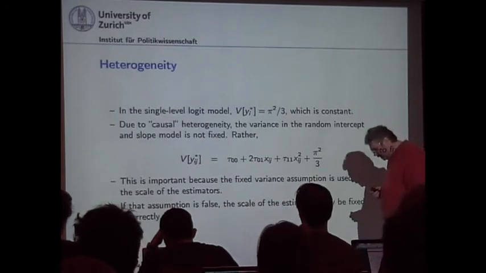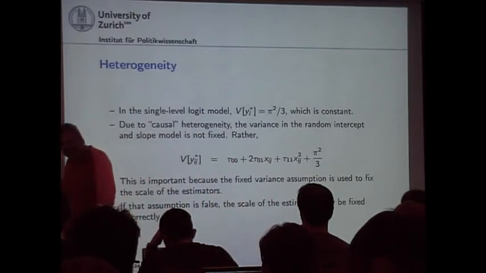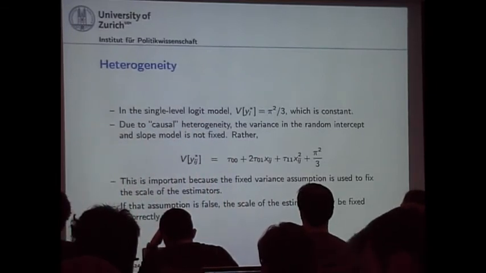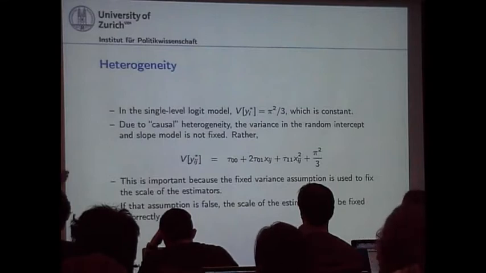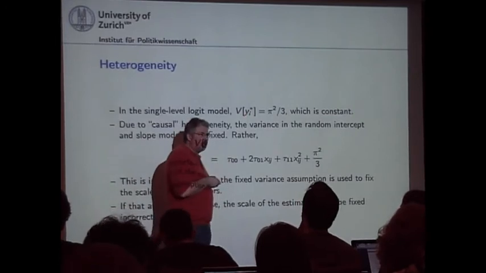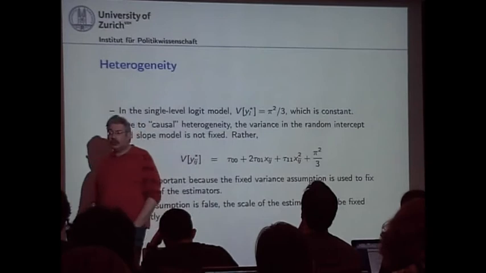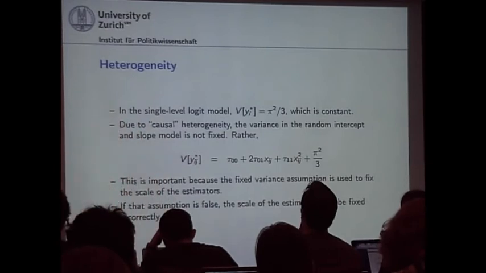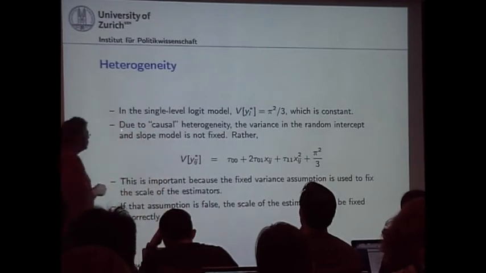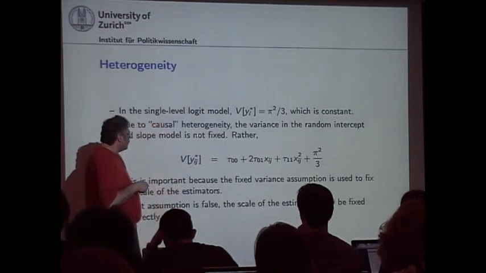Important here is the fact that when we have this random slope, we actually have heterogeneity. In a single level model, the variance of y star is fixed at pi square over 3, which is constant. But due to causal heterogeneity, the variance in the random intercept and slope model is not fixed.